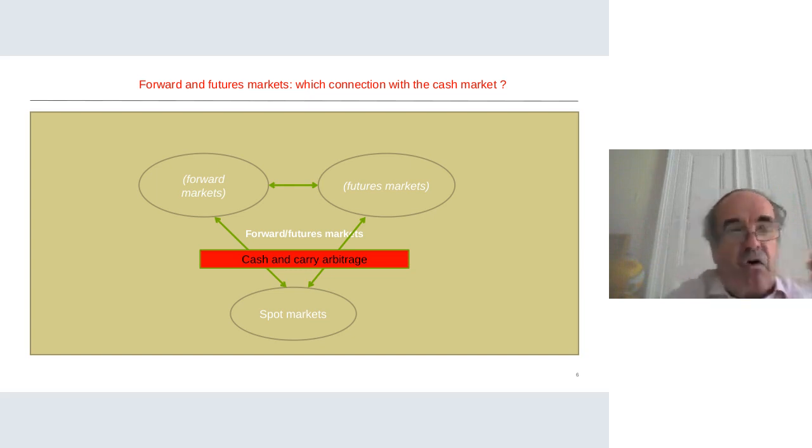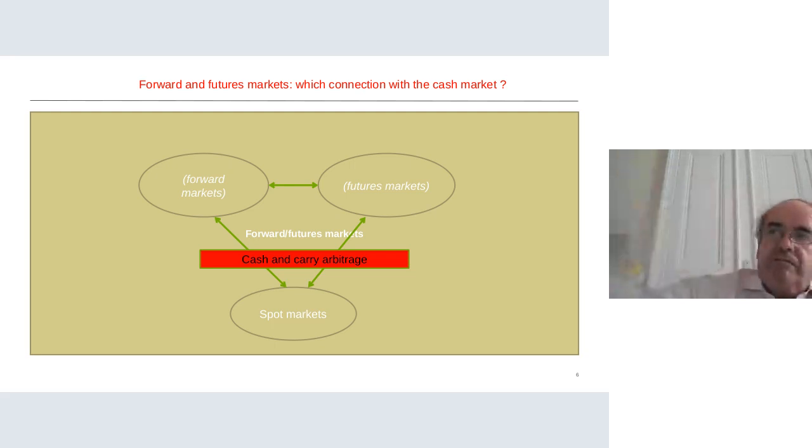So another way of being protected: either you buy forward through a contract, as your colleague said, that's a good answer, or you buy spot butter yourself and store it. And normally the cost has to be the same.